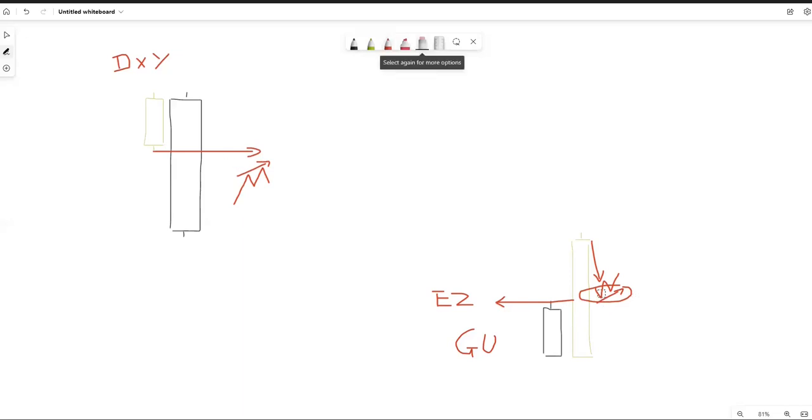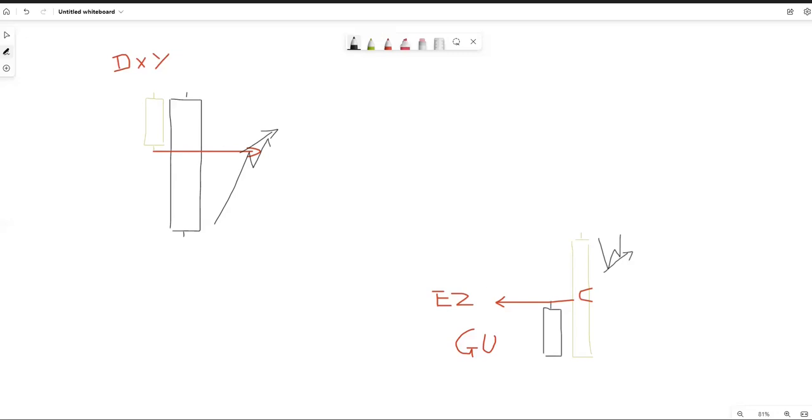However, it can also be in reverse, where the DXY comes in here, closes the void, and makes SMT here on a lower time frame, but GU sort of does this. The same thing. This one closed the void, DXY, and this one didn't.